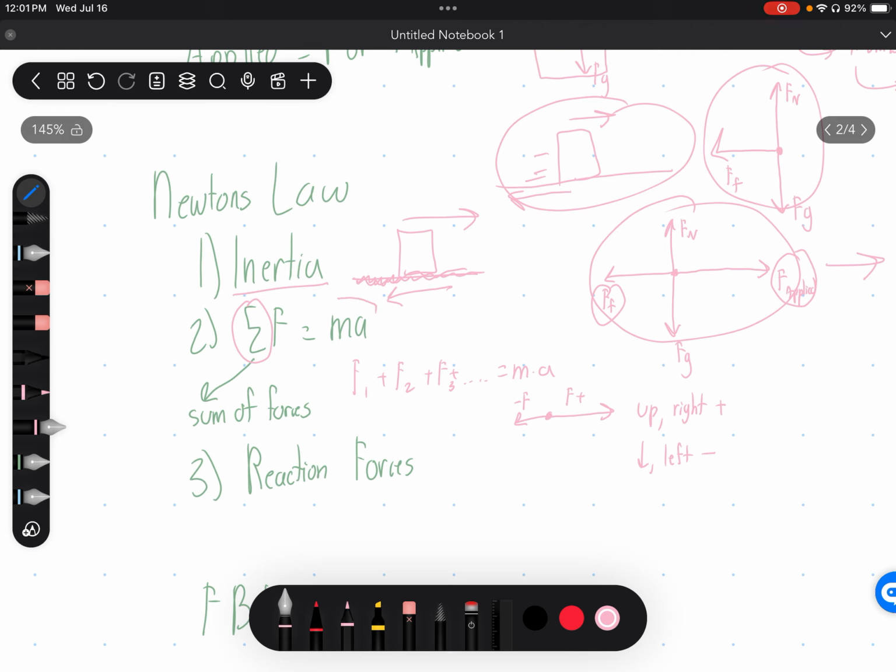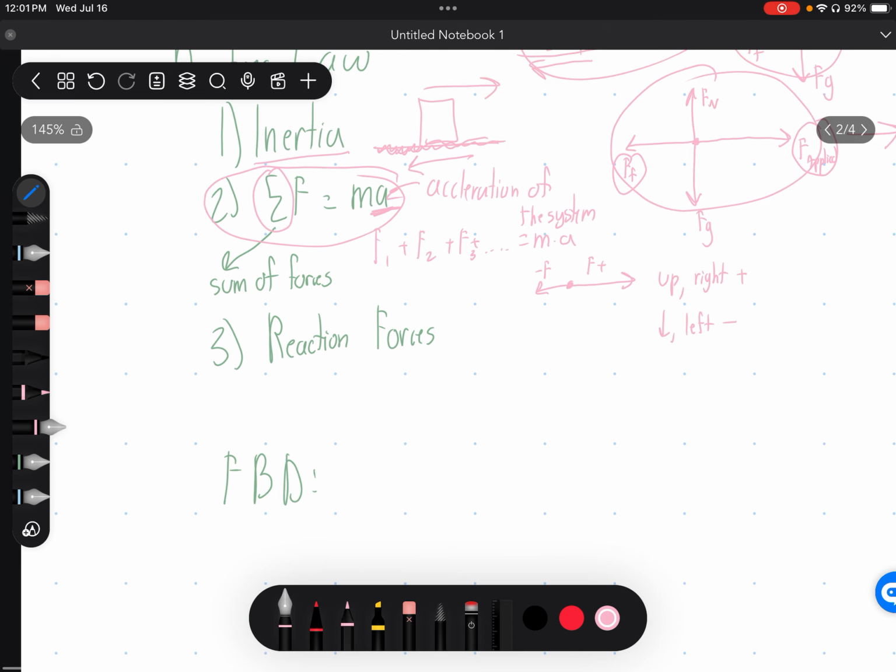What they like to do with this problem is calculate this acceleration. This acceleration is the acceleration of the system. Remember, if it's asking for a specific object, you look specifically there and see what force is acting on that object. But if it's asking for the acceleration of the entire system, you accumulate all of the forces.